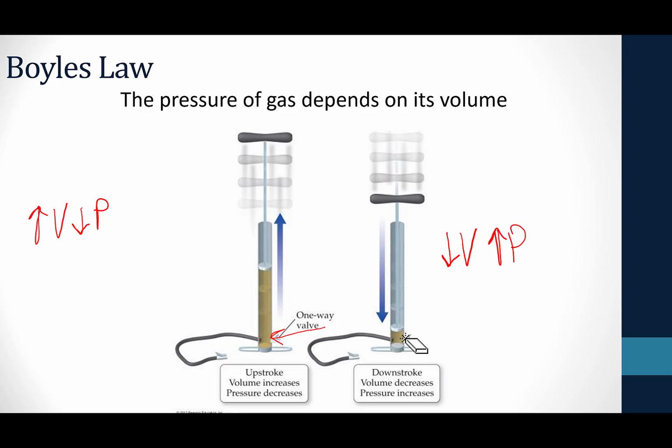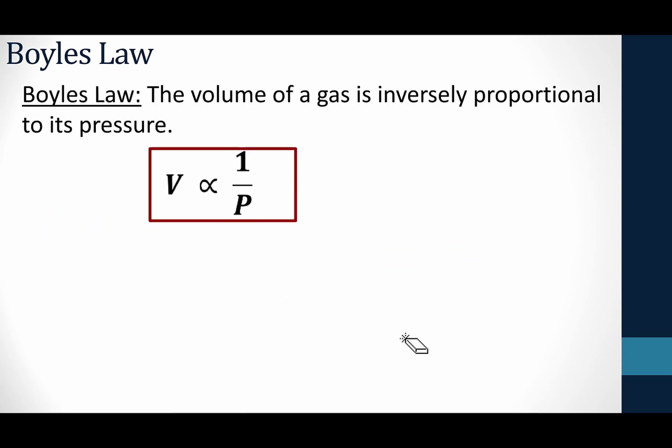So this is the concept behind Boyle's Law. Boyle's Law is defined as: the volume of a gas is inversely proportional to the pressure. Let's talk about this symbol here. This little fishy symbol is the symbol for proportional to. It's just the way that we symbolically represent that.